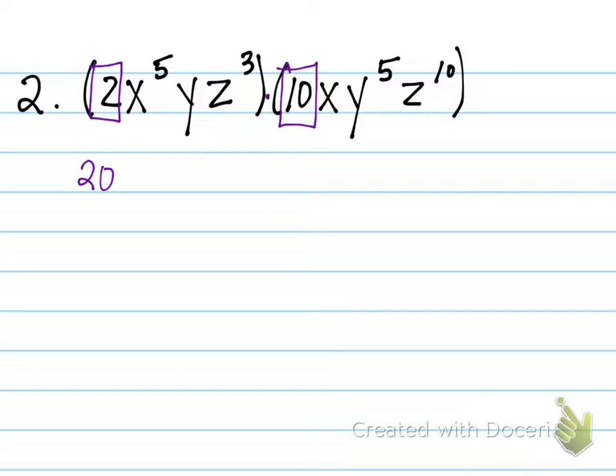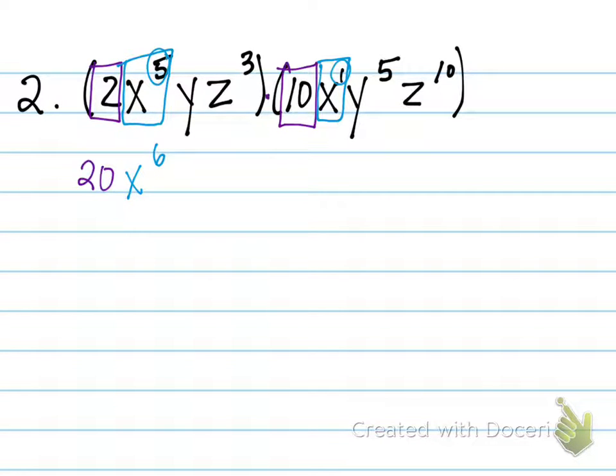Now I'm going to combine my x values. So x to the 5th and x, since there's no exponent there, it's like saying x to the 1st power. So if I have 5 and 1, they're just multiplied together, so I will add the exponents. I would get x to the 6th power.